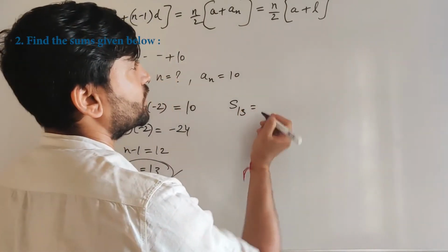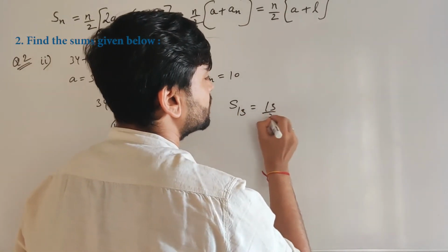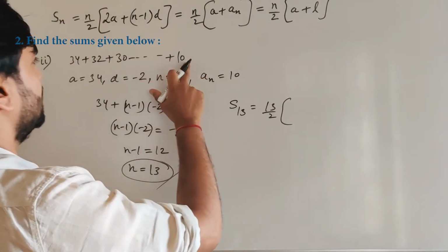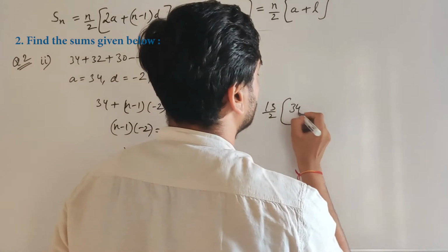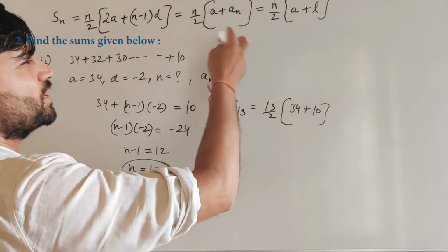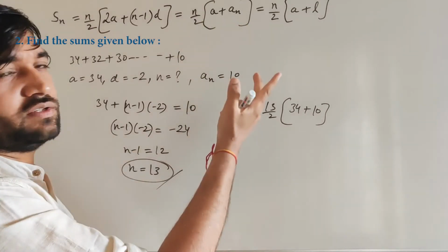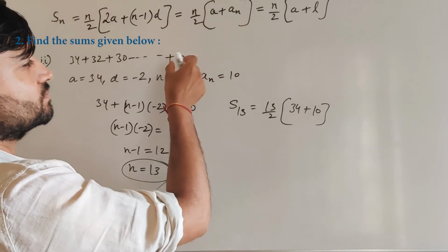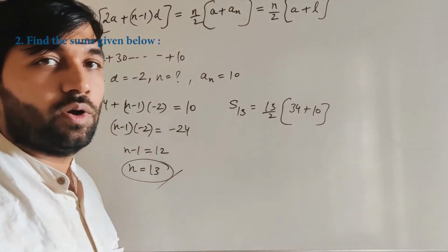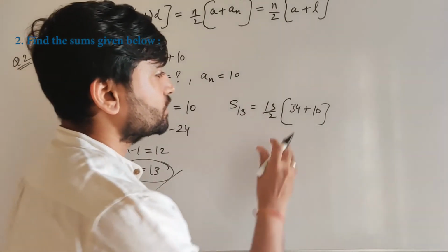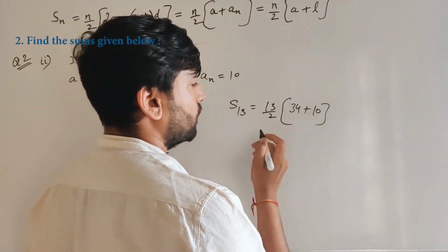So S13 is going to be n by 2, which is 13 by 2, into a plus L. So a the first term, L the last term. So 34 plus 10. Okay, it's one and the same: n by 2, a plus an. So 10 is an or L. So 34 plus 10 is 44.